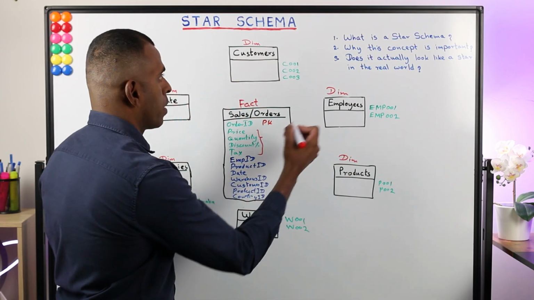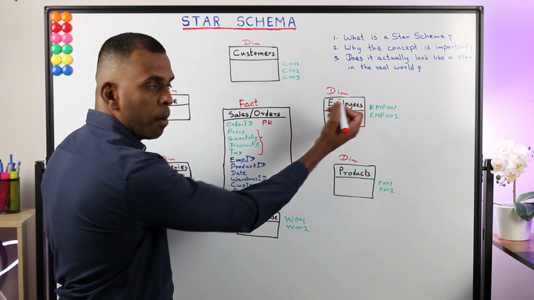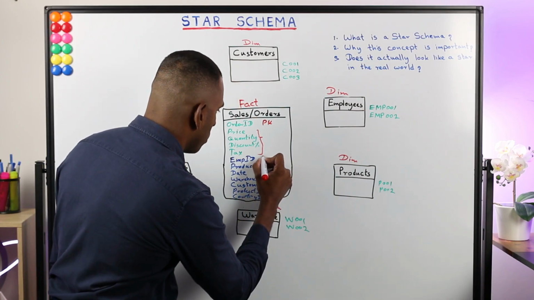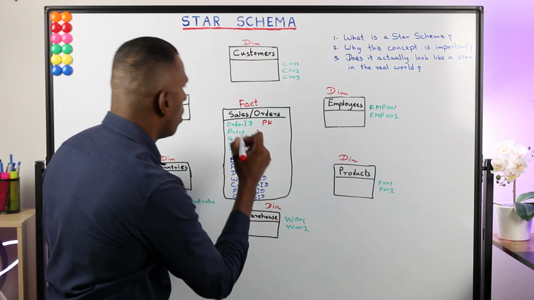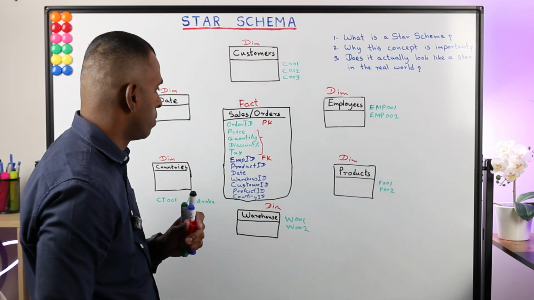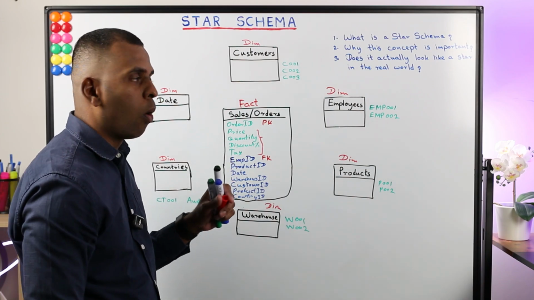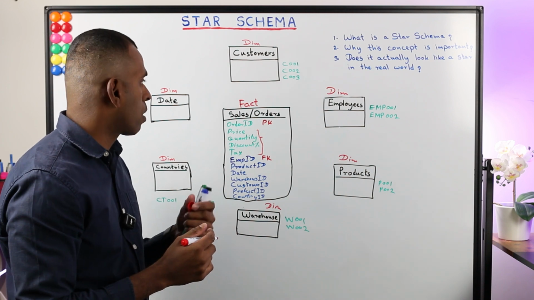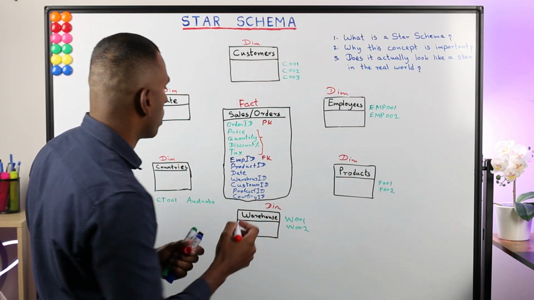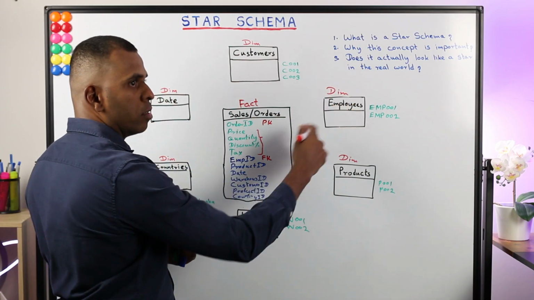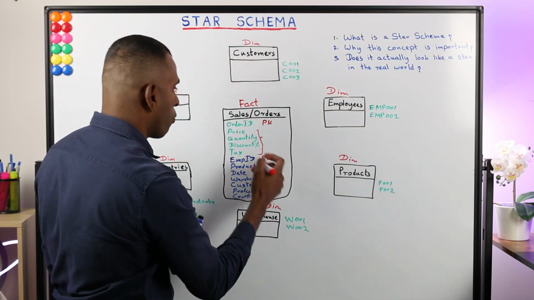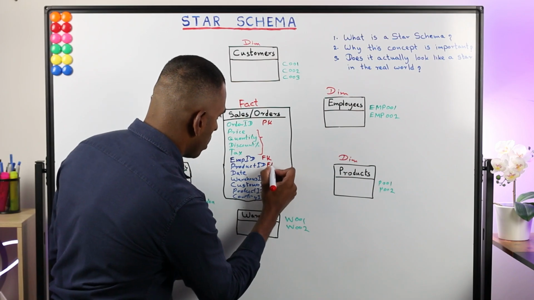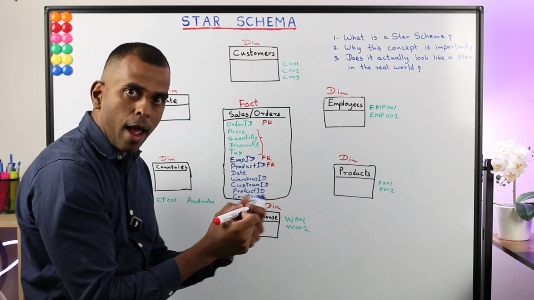Employee ID is the primary key of the employee table. It becomes the foreign key in the fact table. There is only one primary key in a table. They can't have more than one primary key. It's a foreign key of the fact table. Product ID is a foreign key. Date acts as a foreign key.